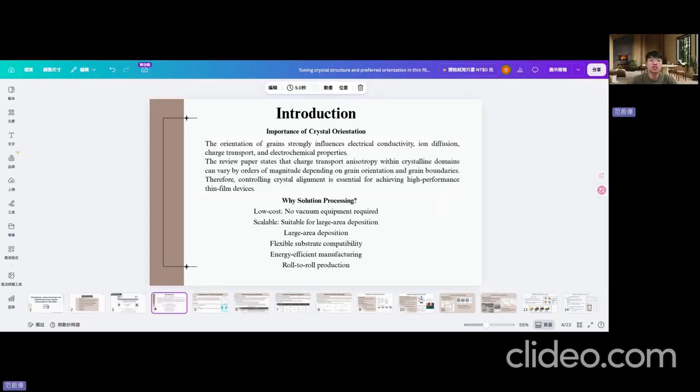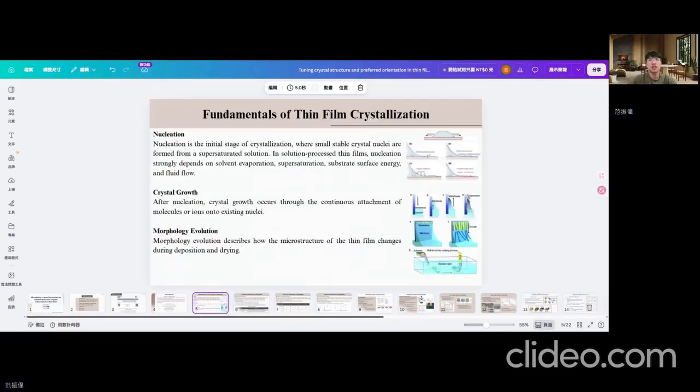A solution process has become an attractive technique for thin film fabrication because it offers several advantages compared with the conventional vacuum-based deposition method. They are low cost and scalable, large area deposition, flexible substrate compatibility, energy efficient manufacturing, and roll-to-roll production.